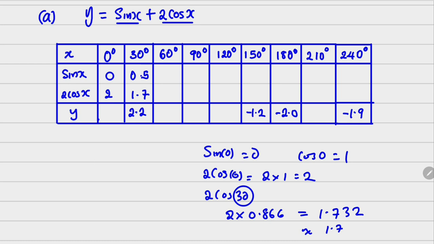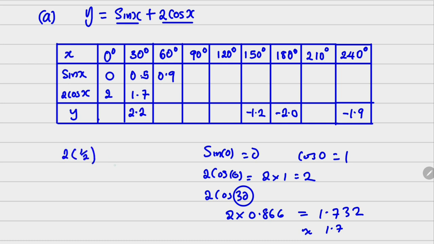Then you go back to 60 degrees. Now sine 60 is actually 0.866. Okay, so you can now say that this is going to be 0.9. Now, having that, we'll go to 2 cos 60. Of course, cos 60 is half, so it's like saying 2 into half.